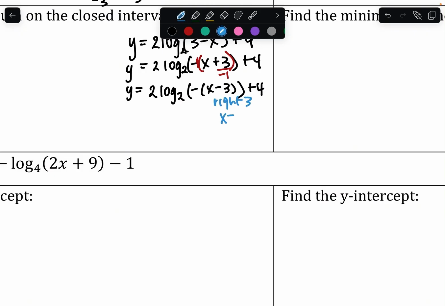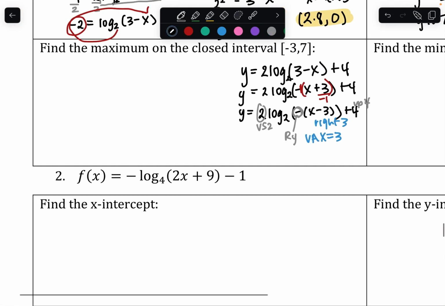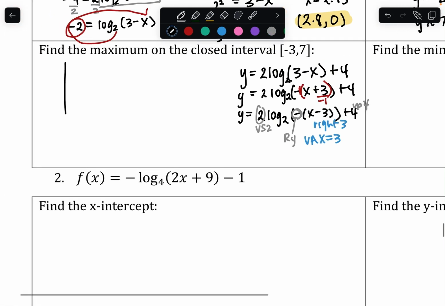And so we have x equals 3 as our vertical asymptote. It's also been moved up 4 and then vertically stretched by 2. And something that's super important is the reflection across the y-axis. Okay, and so when I make my sketch, graph the asymptote first. 1, 2, 3.